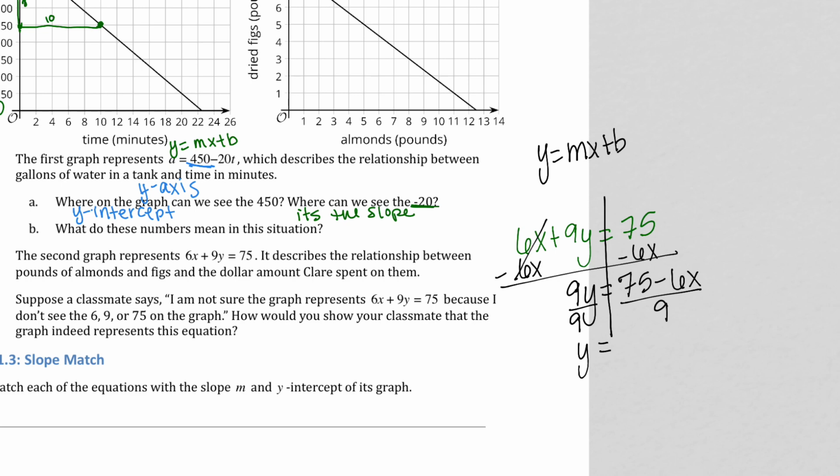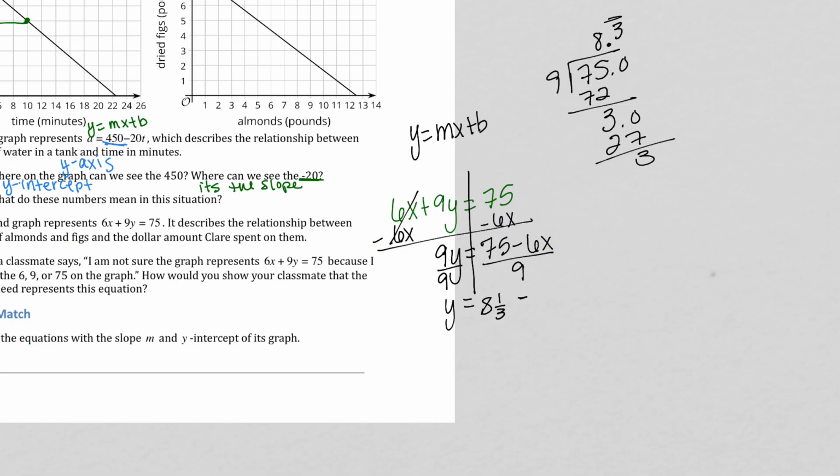So we have 75 divided by 9, and negative 6x divided by 9. What is 6 divided by 9? Does that go evenly?